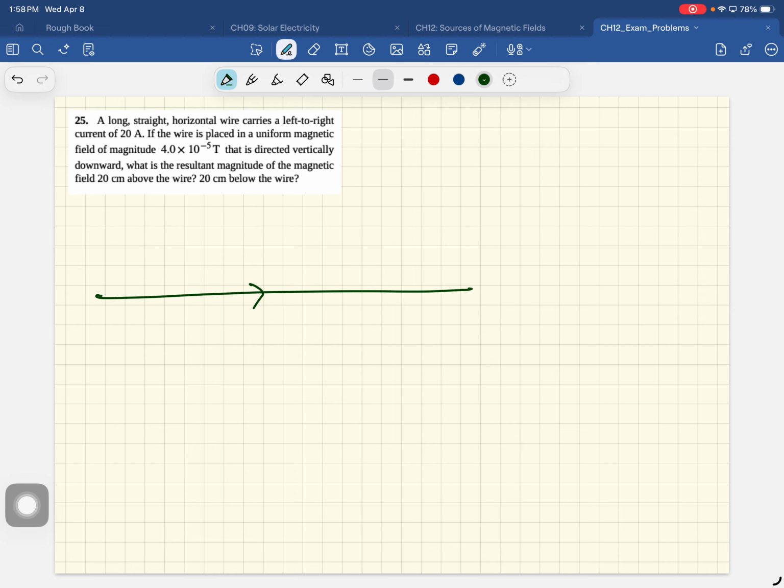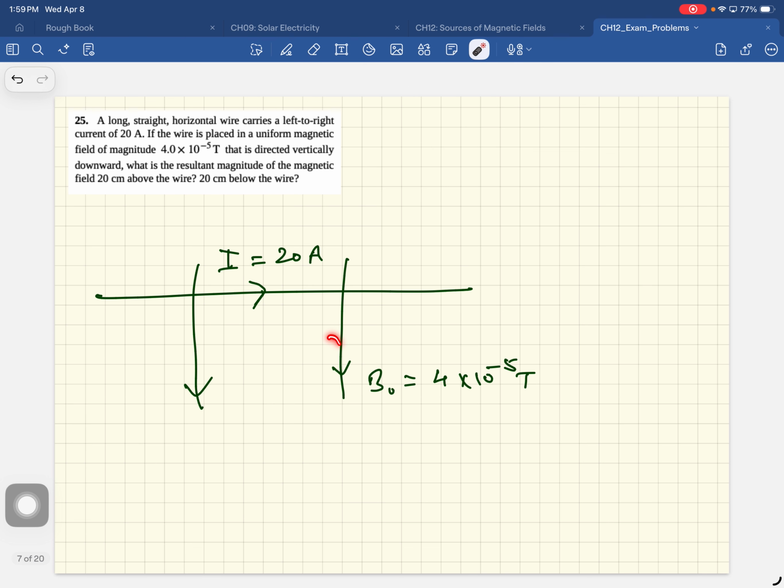So the net field will be in this direction, so the strength of the net field is that much, and it's pointing in this direction. And if you want, you can calculate the angle, theta.